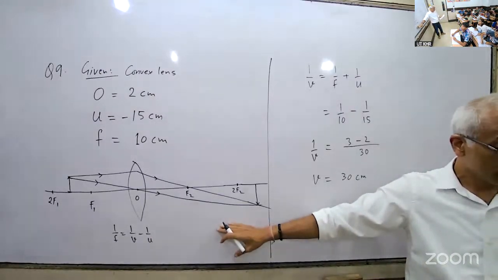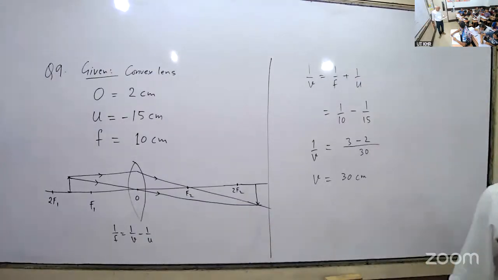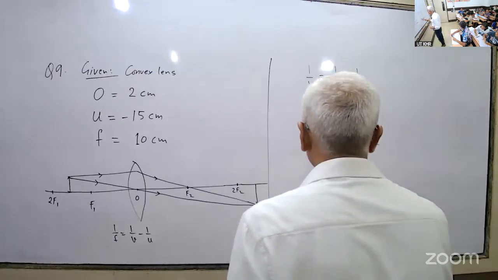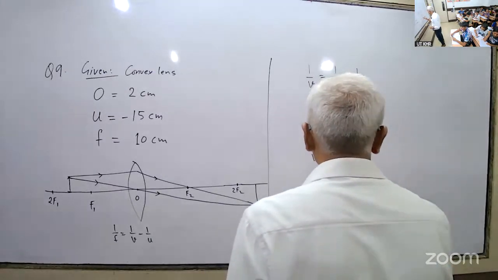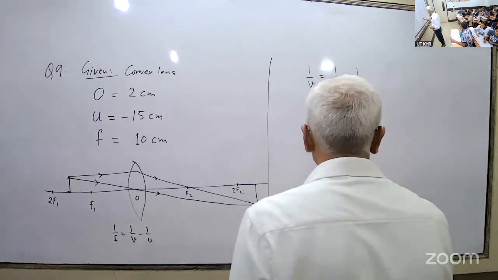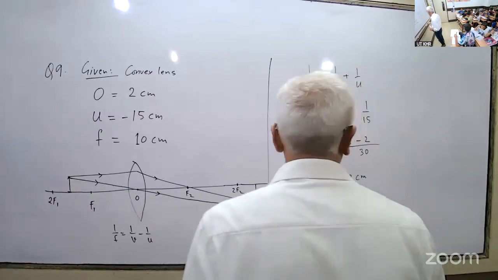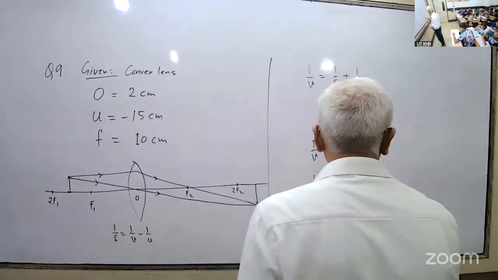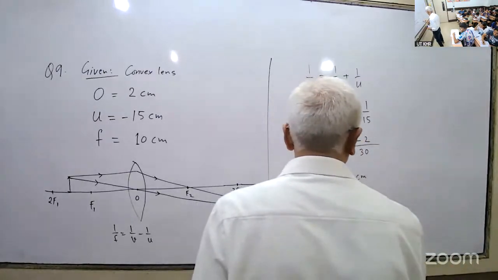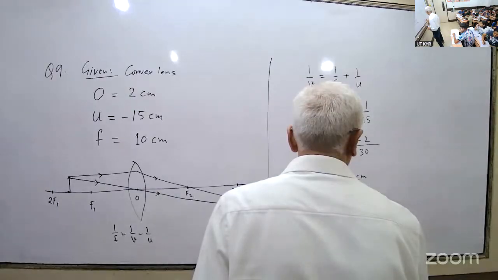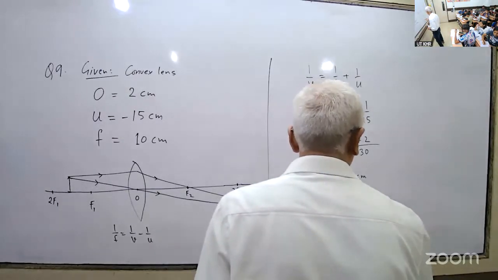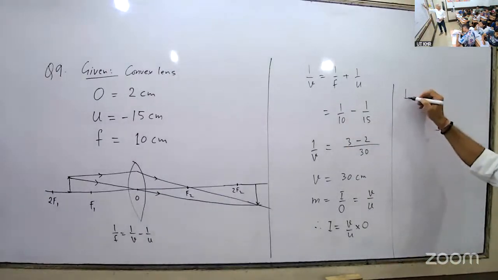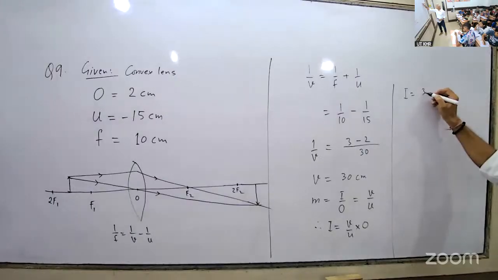Now find the size of the image. Now since m is equal to v by u, how much is I? v is 30.